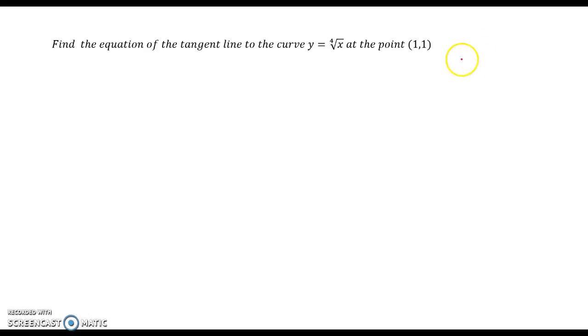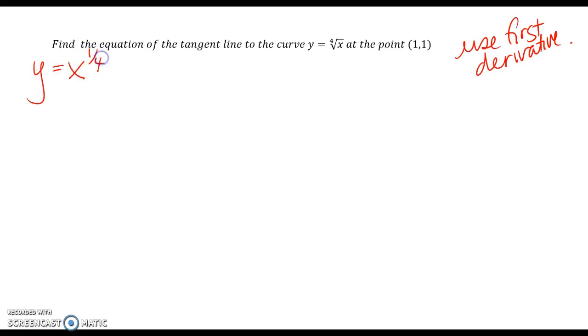Okay? Let's do the same thing here. Again, we need the slope. You use the first derivative, right, to find the slope. All right. Now, this I'm going to rewrite as x to the 1/4 because it'll be easier to take the derivative of that. So y prime equals 1/4 x. If I subtract 1/4 minus 1, I get negative 3 over 4, don't I?